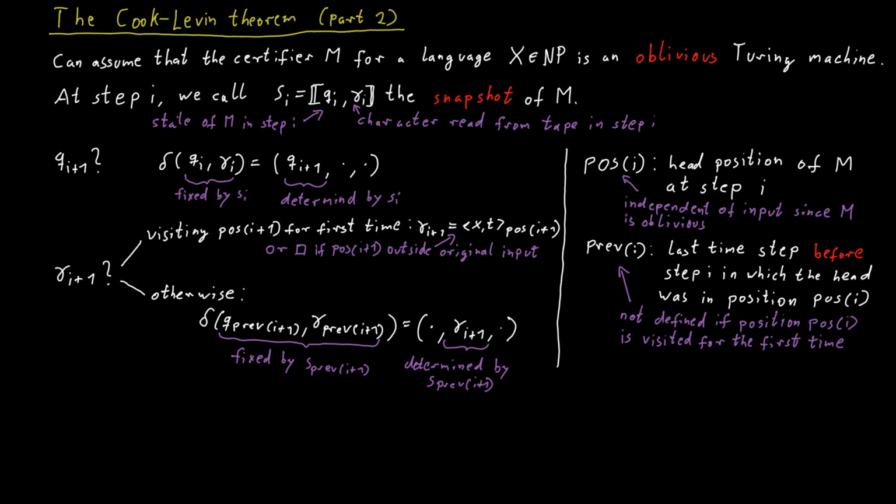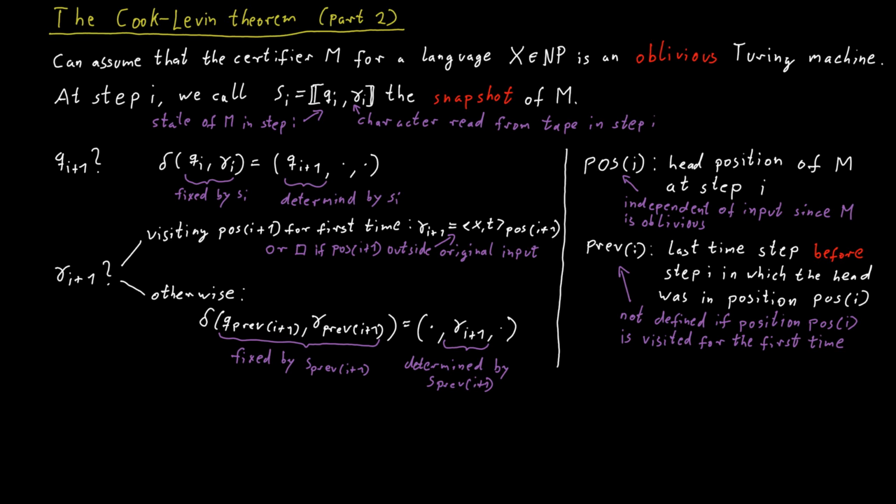In summary, q(i+1) is determined entirely by s_i, and gamma(i+1) is determined entirely by either s_pref(i+1) or the input bit at position pos(i+1).